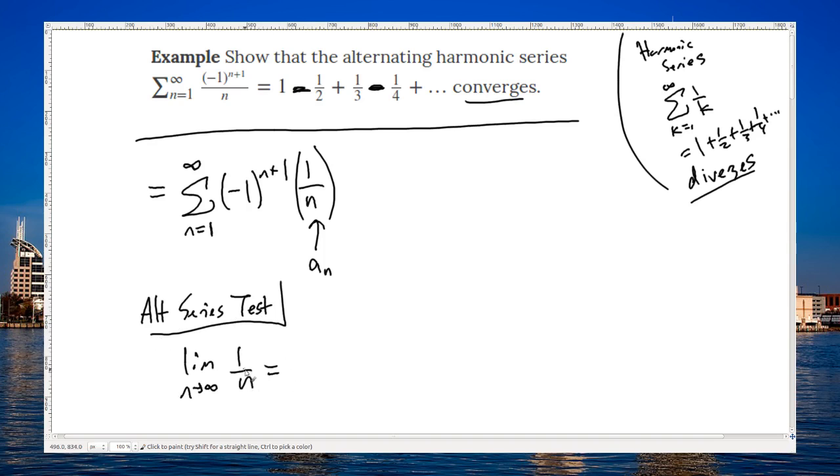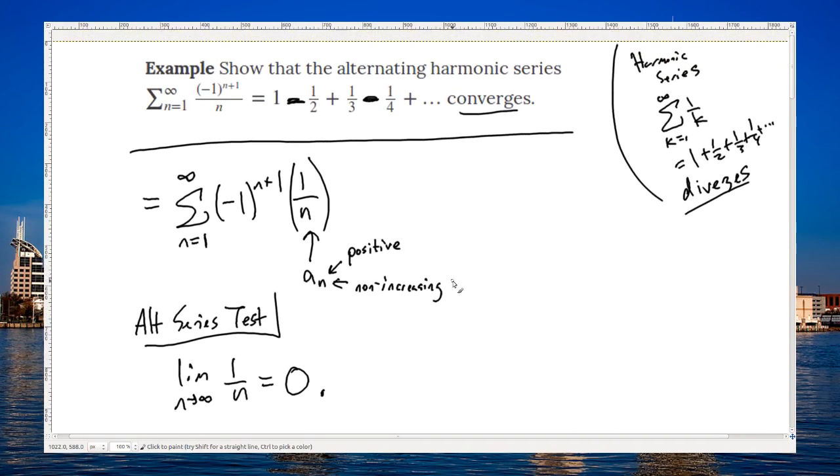Well, that's 1 over increasingly large numbers. That does limit to 0. Now, the only other thing I should make sure of, and it is the case, first of all, these are positive, and they are decreasing, which means they're non-increasing. They're getting smaller and smaller for bigger numbers n, non-increasing. We're good to go there.